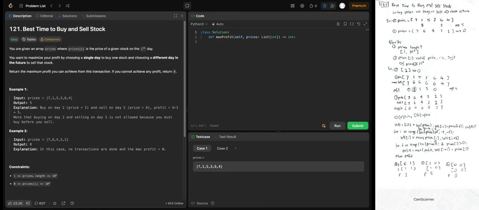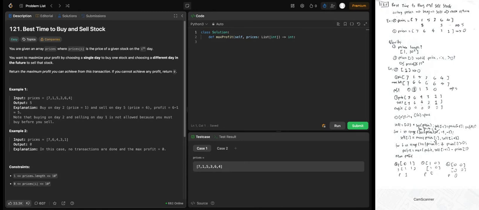So if we take the first day, we have price 7. So if we have 7, then what is the price that we can sell it at? If we look at the second element of max sell, it would be 6. Okay, 6 is at, say, 1, 2, 3, 4, 5. And on the 5th day we can sell it, so we make a profit of 0 actually. Let's make it 0 here.